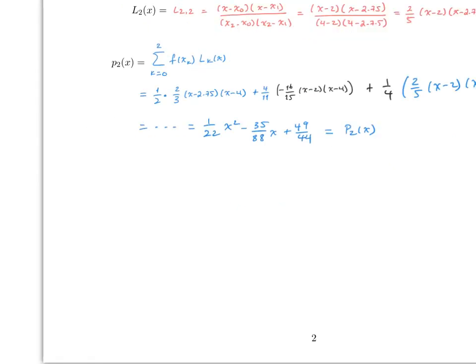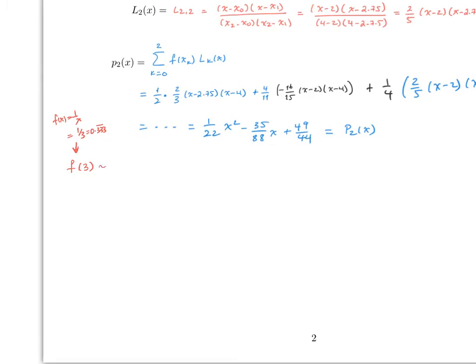Now, once you have found the approximation, let's say that you wanted to use it to see how accurate it is to approximate f of 3. Remember, f of 3, since f of x is equal to 1/x, this will be 1/3, which is 0.333, and so forth.